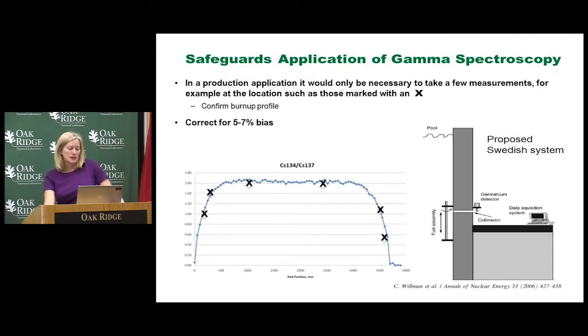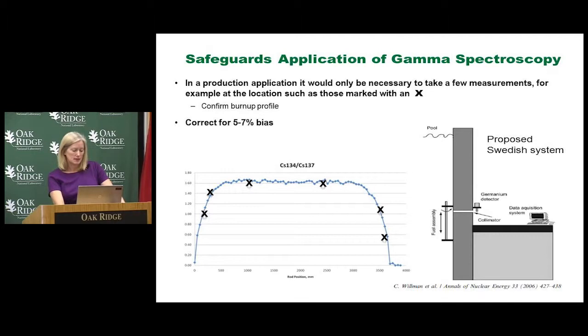So one of the simplest ways to get a lot of information from the spent fuel is to use passive gamma spectroscopy. So the idea would be, if you can see this picture here, here's a spent fuel assembly, and it's being pulled up out of the spent fuel pool with a gamma detector and a collimator. And we would measure the gamma spectrum along the axial profile of the fuel assembly.